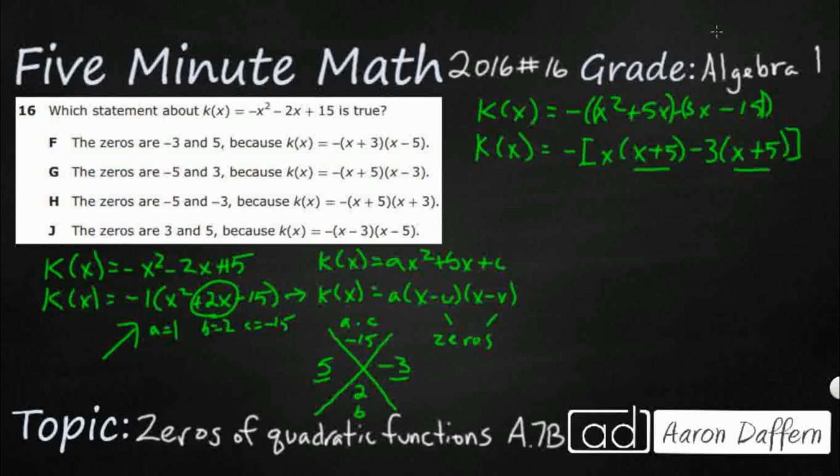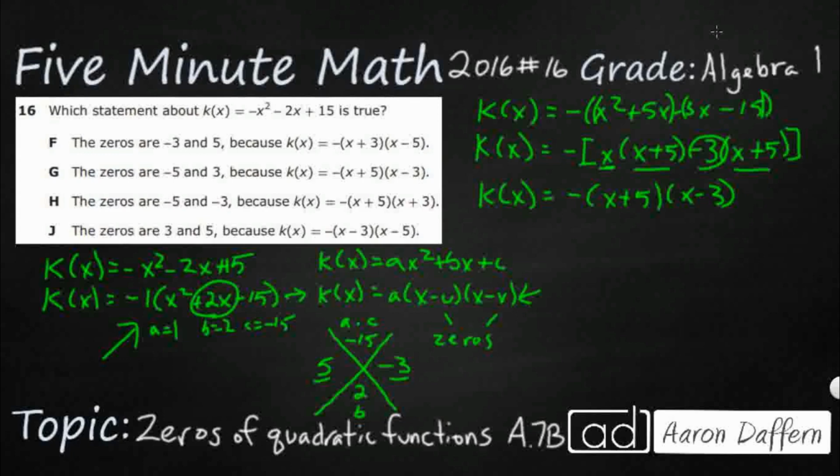So now I can factor out the x plus 5, and what is that going to leave me? It leaves me with negative, x plus 5, times x minus 3. Now I've got my factors. So what are my zeros? Remember, we can set each of these to 0 and solve.